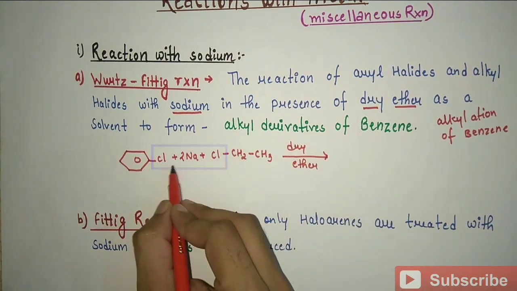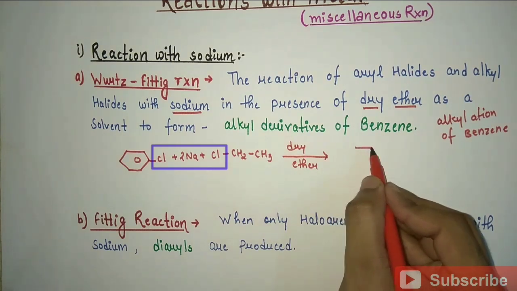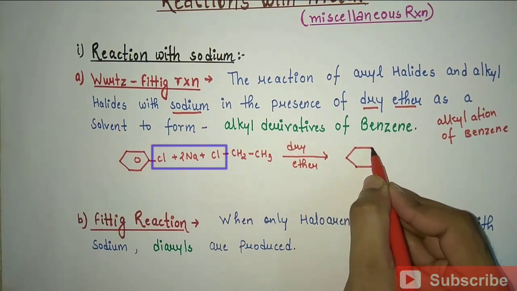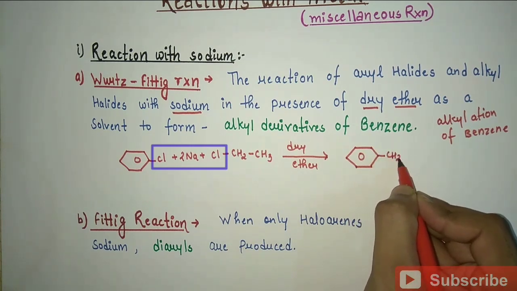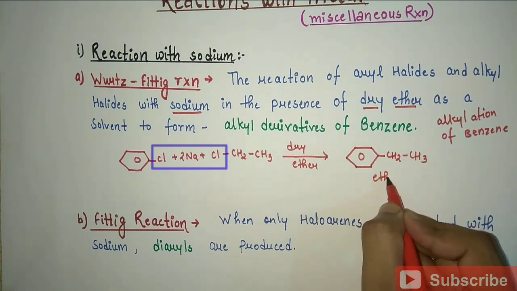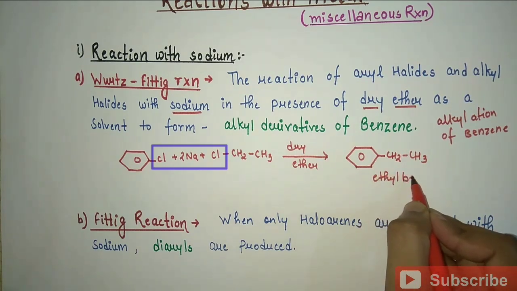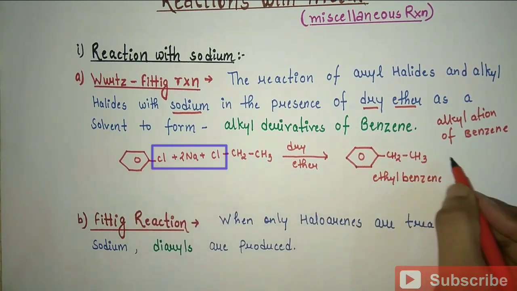So what happens? 2 moles of NaCl will leave out, and it will form ethylbenzene, CH2, CH3. This is known as ethylbenzene, and the byproduct is 2 moles of NaCl.